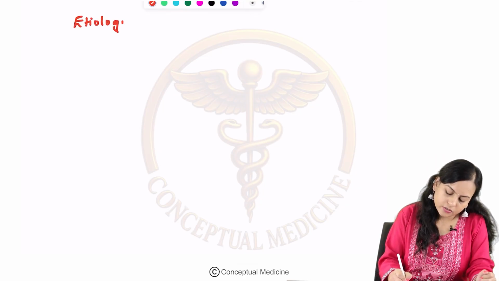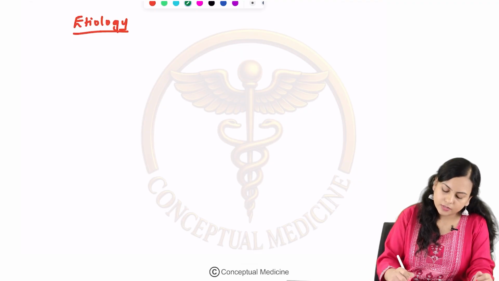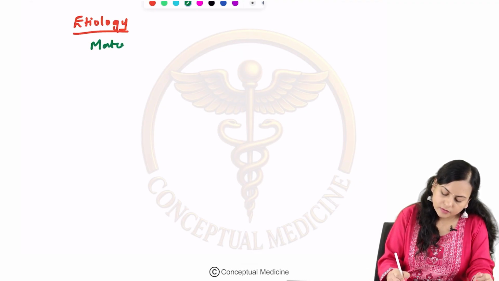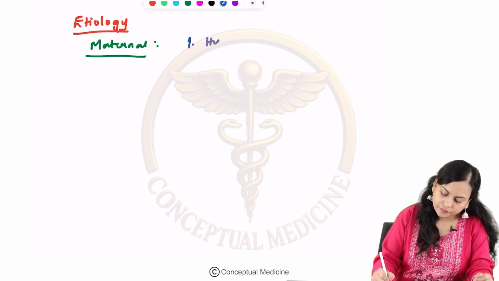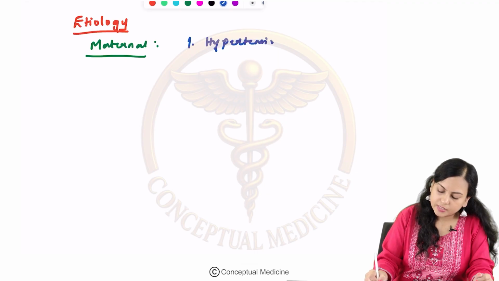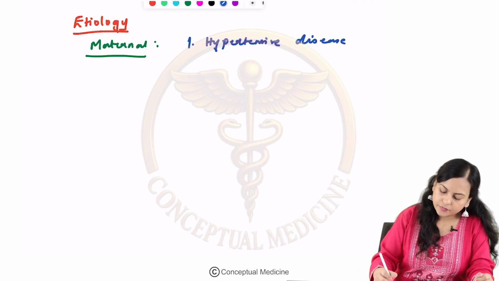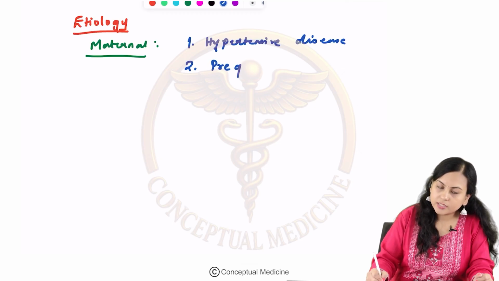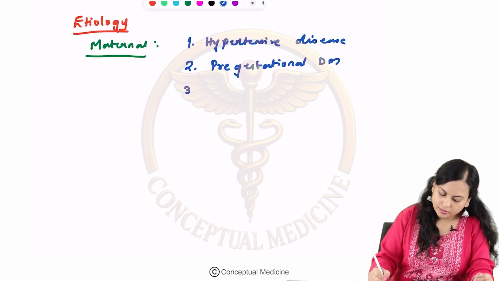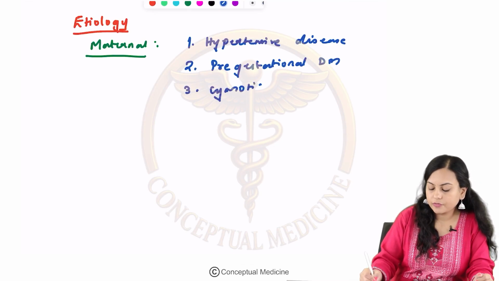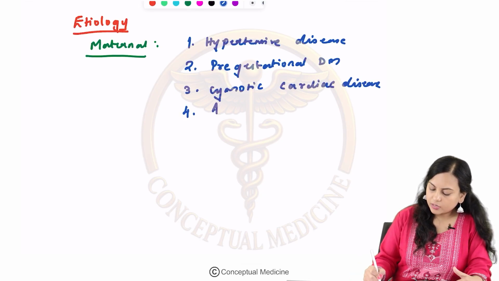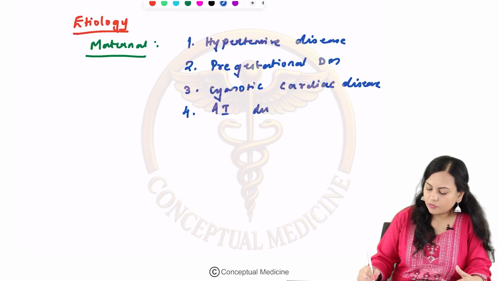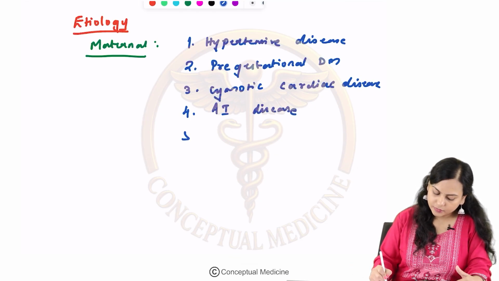The etiology of fetal growth restriction includes maternal causes, like hypertensive disease, or pre-gestational diabetes. Then she can be a case of cyanotic cardiac disease, or there can be a history of autoimmune disease.